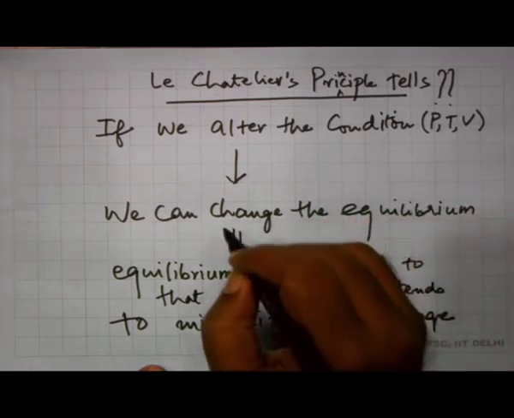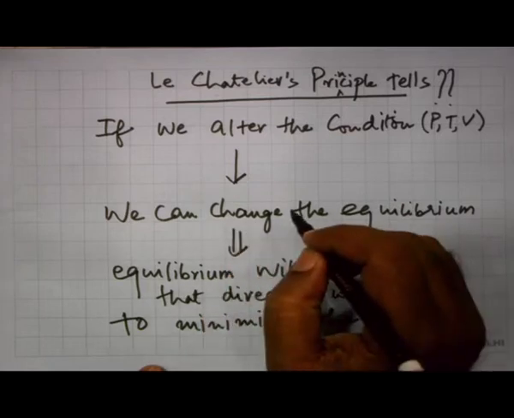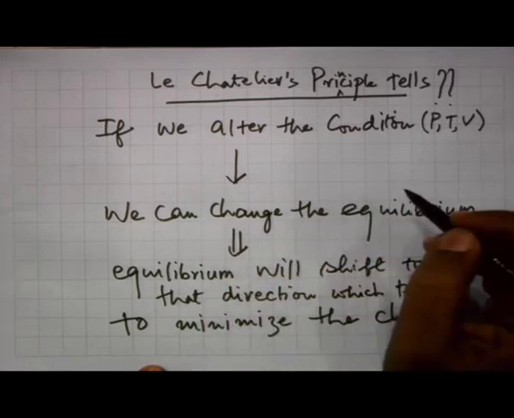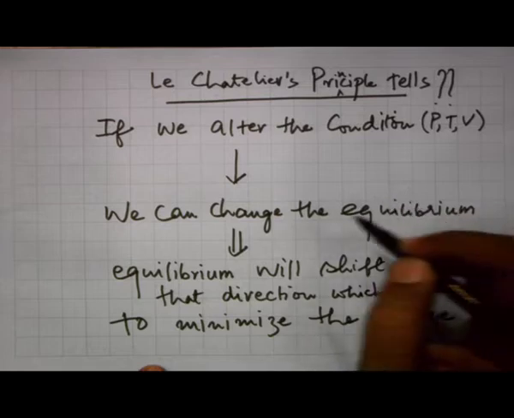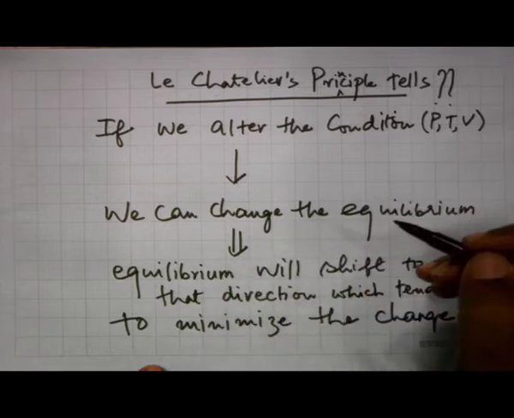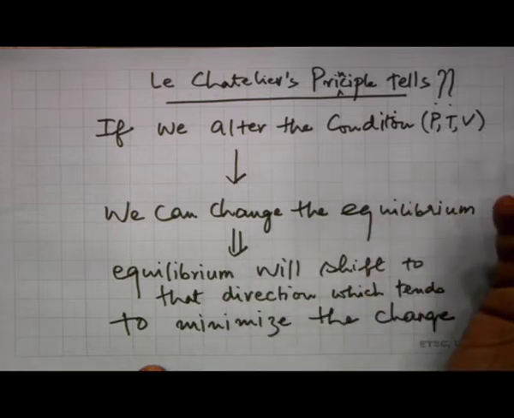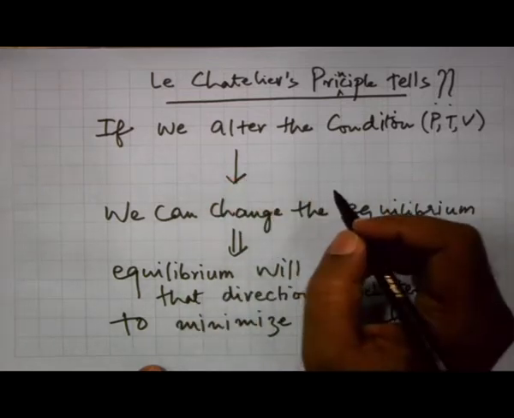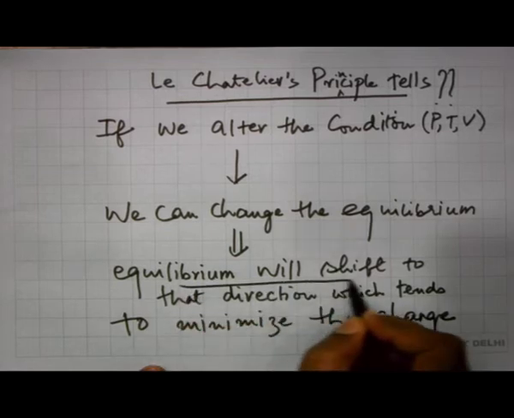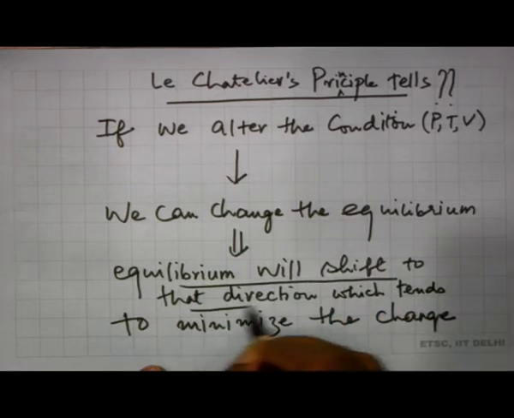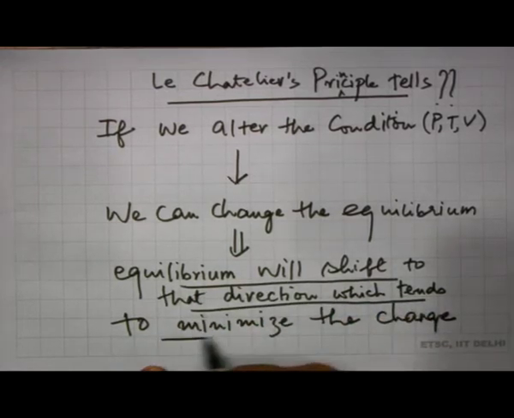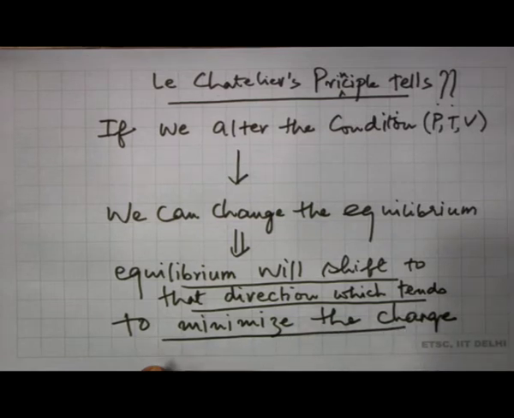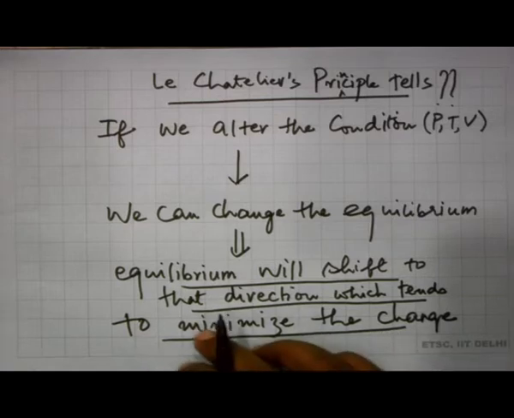The principle tells you in which direction the new equilibrium will lie, to the right-hand side or the left-hand side. The equilibrium will shift in the direction which tends to minimize the change.